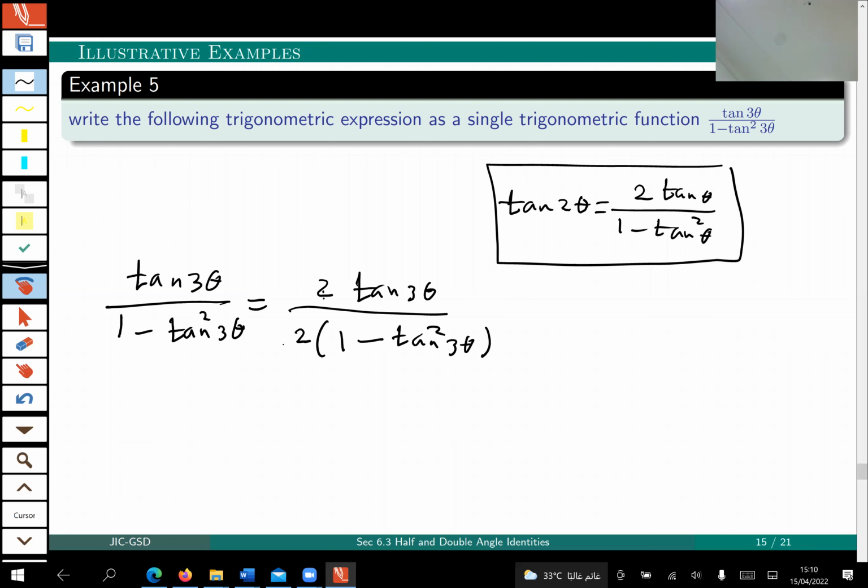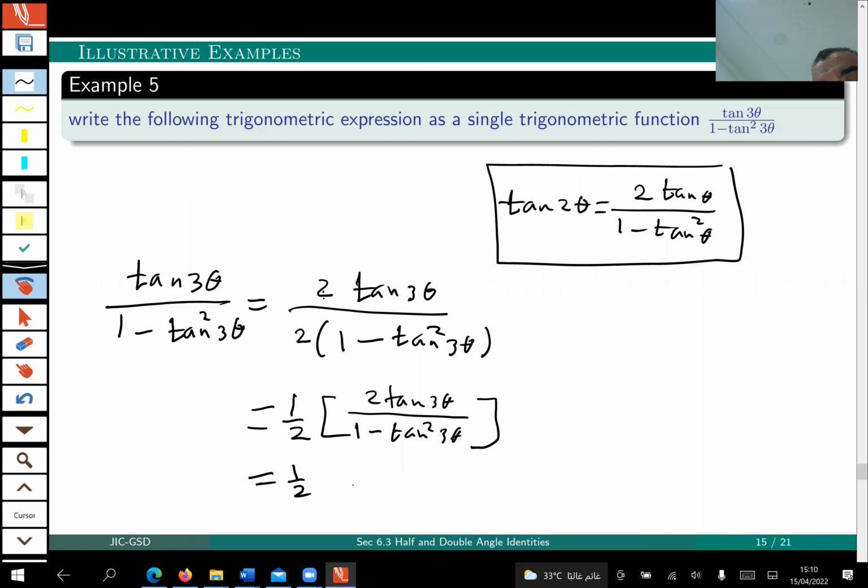When you multiply by 2, you also need to divide by 2 to keep them equal. So basically that's 1/2 of this quantity, 2 tan 3 theta over 1 minus tan squared of 3 theta, which is 1/2 tan of 2 times the angle. The angle is 3 theta, so it becomes 6 theta.